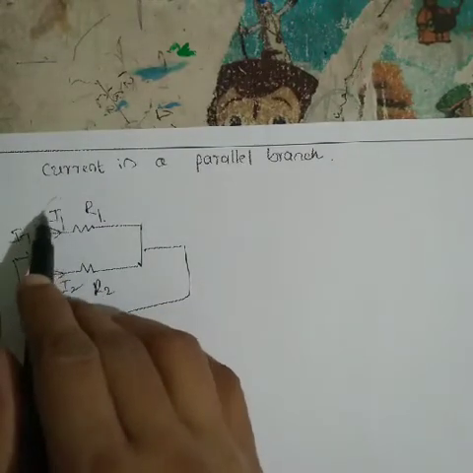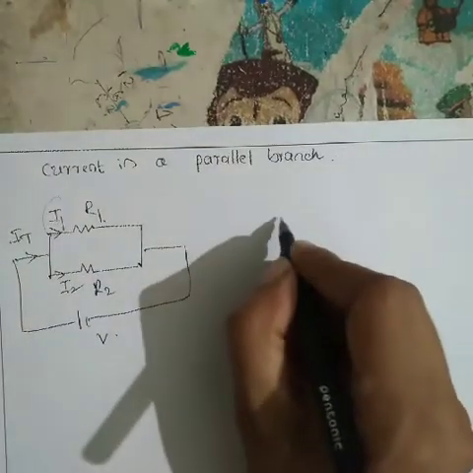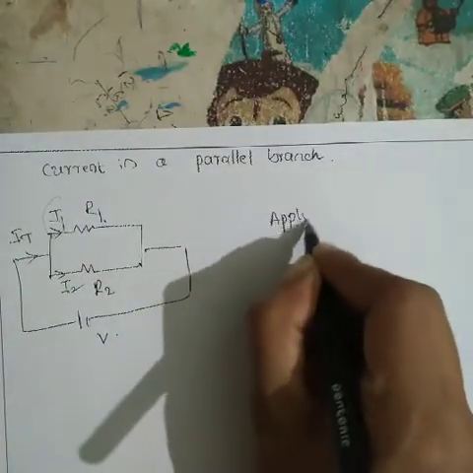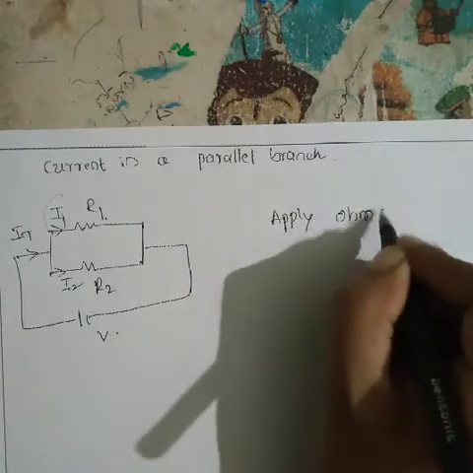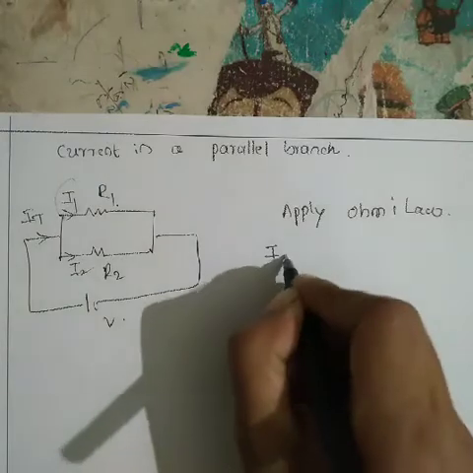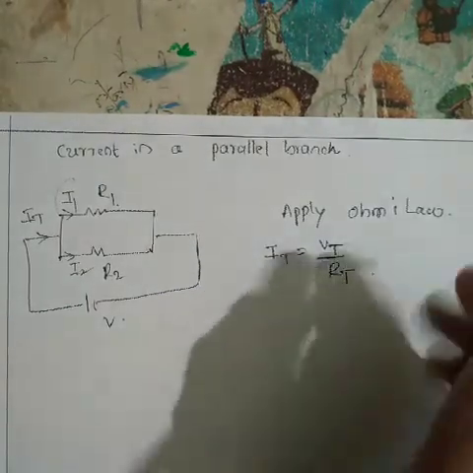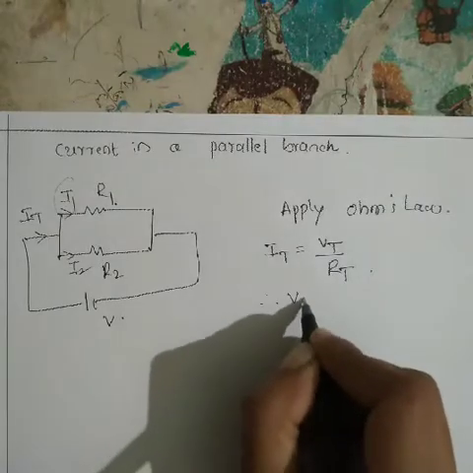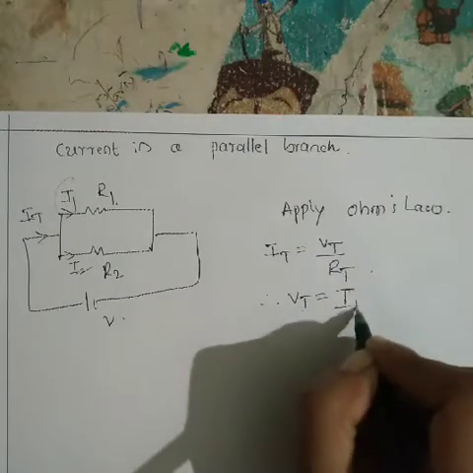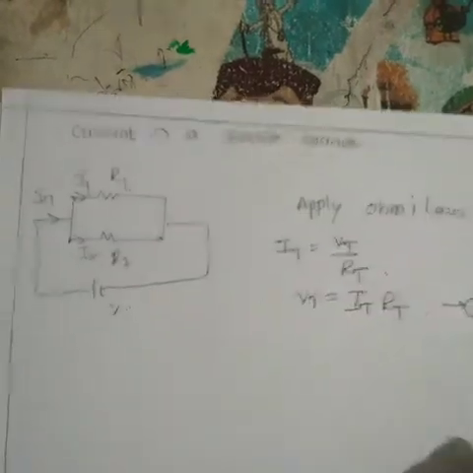What is the current equation for I1 and I2? Apply Ohm's law, that is IT is equal to VT by RT. Therefore VT is equal to IT into RT, call this equation number 1.